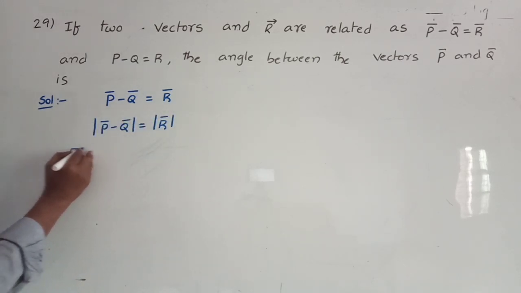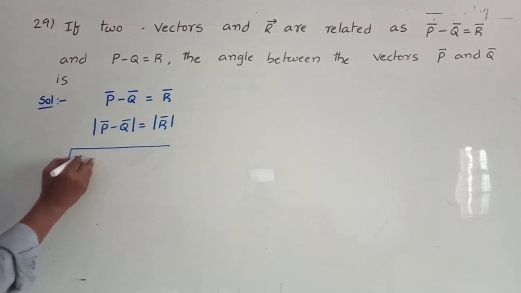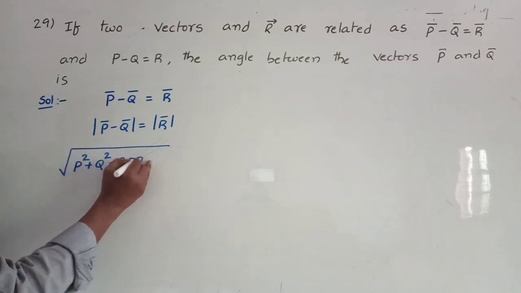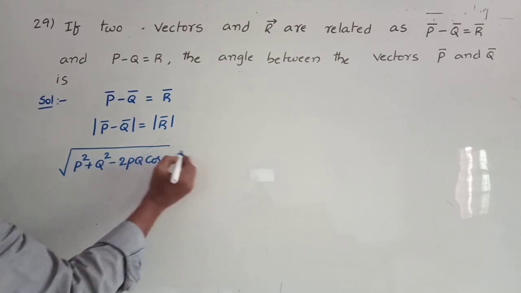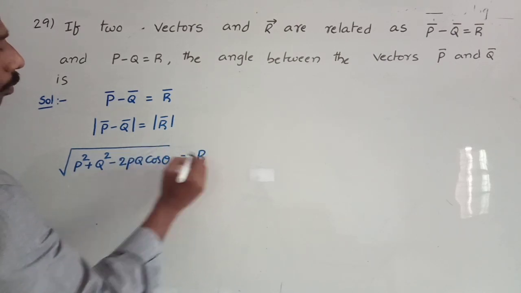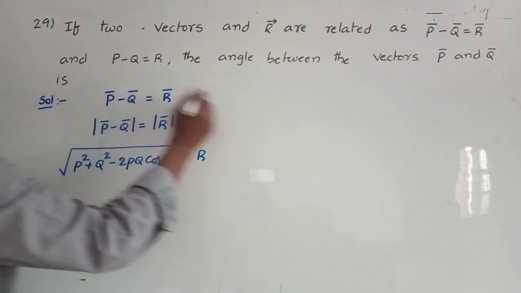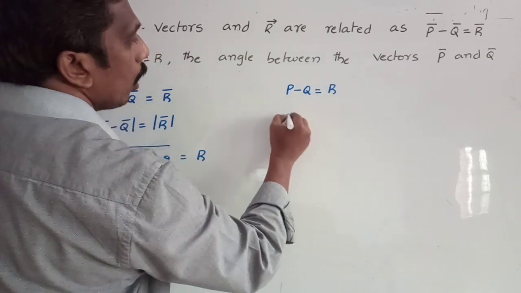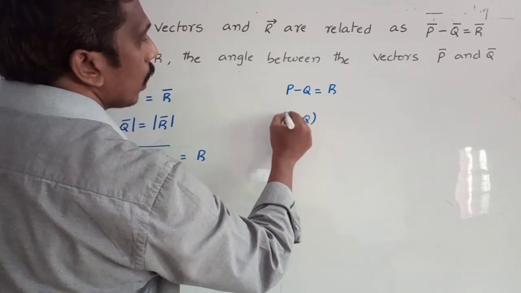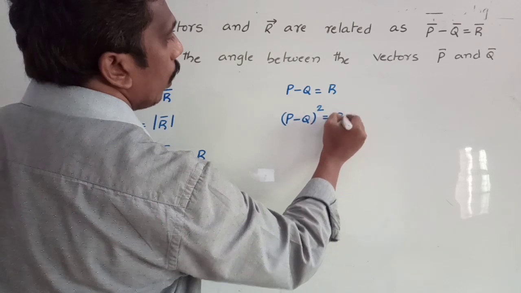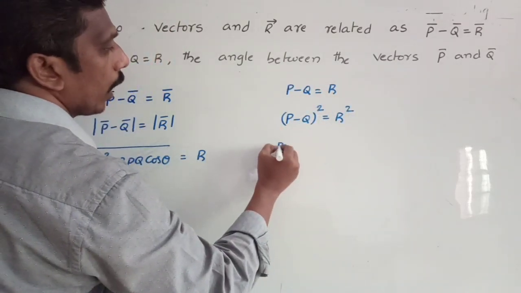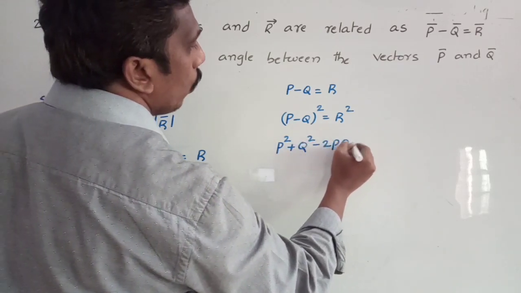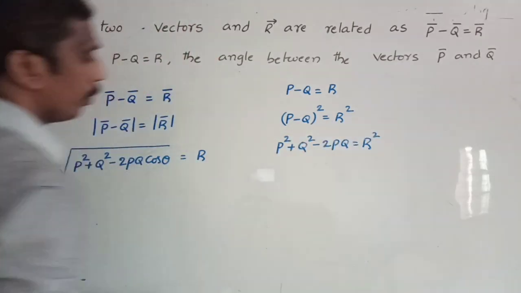From this, magnitude of p bar minus q bar is equal to square root of p square plus q square minus 2pq cos theta, which is equal to r. From this, p minus q is equal to r. Squaring on both sides, then we get p minus q whole square is equal to r square. From this, we can write p square plus q square minus 2pq is equal to r square.